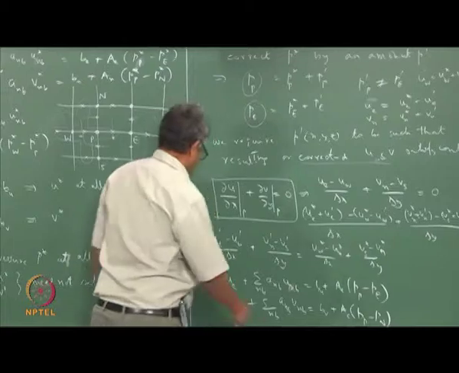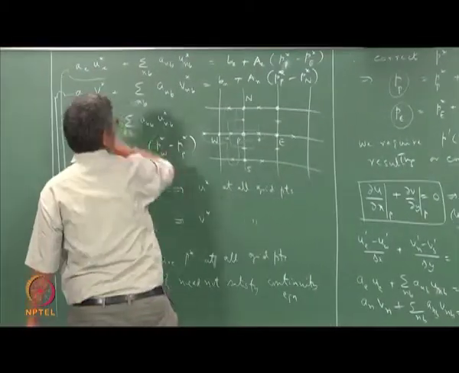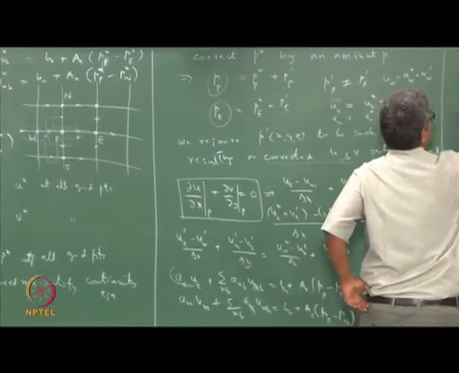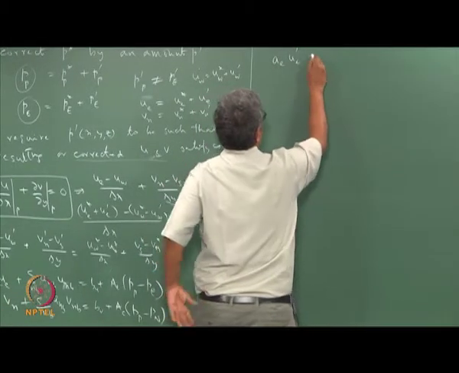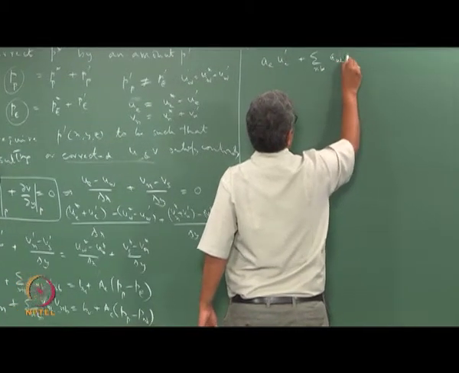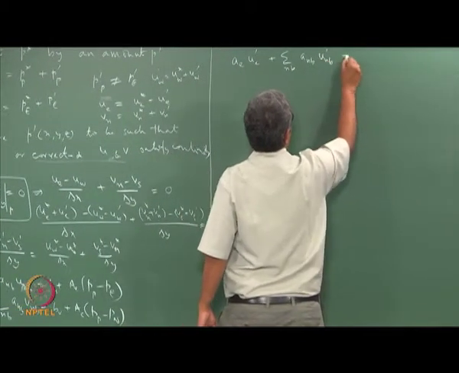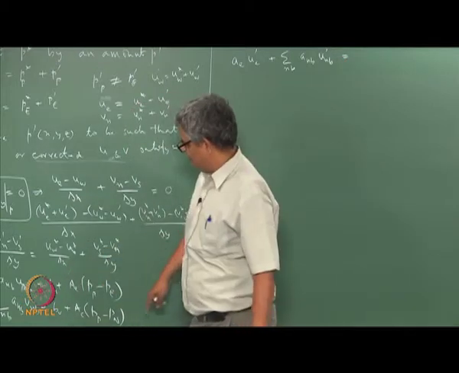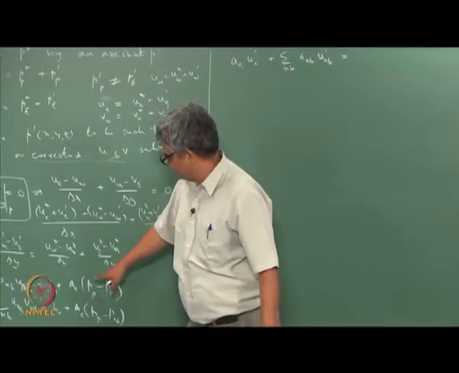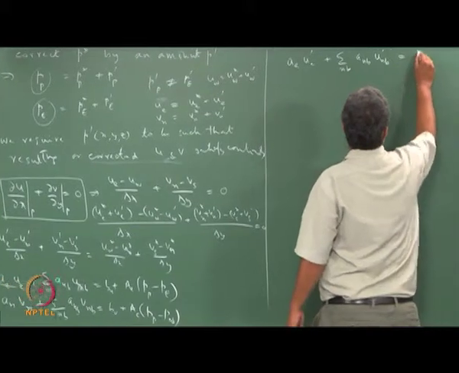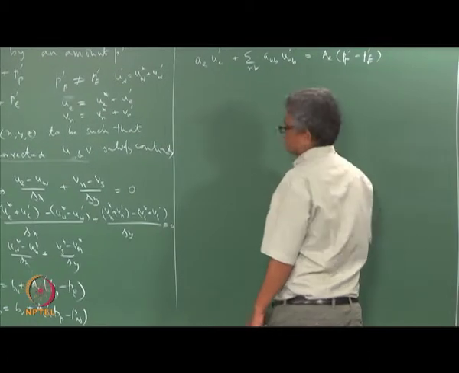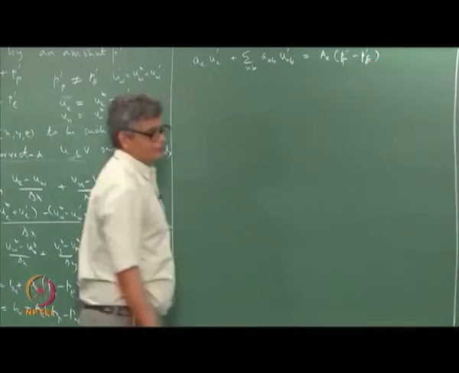So by subtracting this equation from this equation, we can write ae ue prime plus the sum over the neighboring quantities anb unb prime equal to the pressure; this b will go away, and here we have pp minus pp star, so that gives us pp prime minus pe prime.